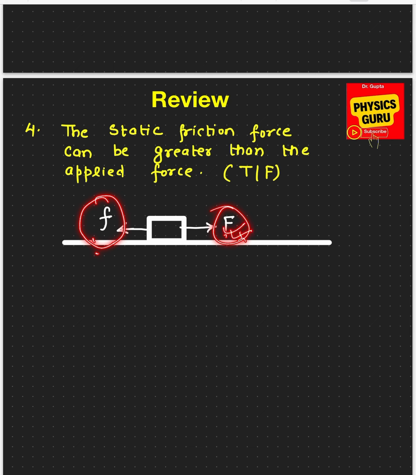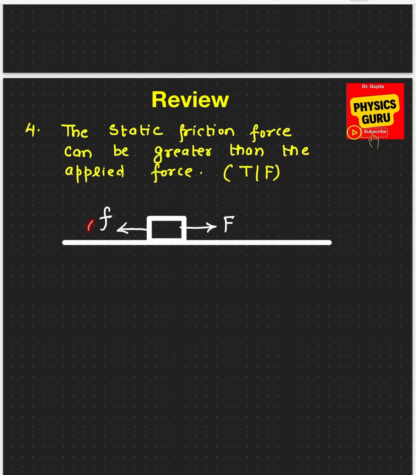If you increase this force, the friction force will also increase, and there will be a maximum force F, above which if you apply the force, then this object starts moving in this direction. So what does this mean? The static friction force can never be greater than the applied force.